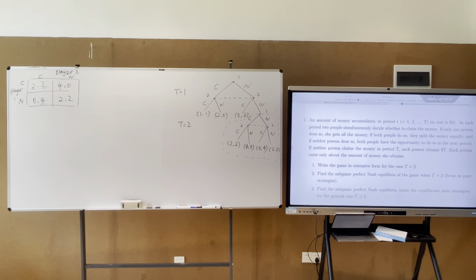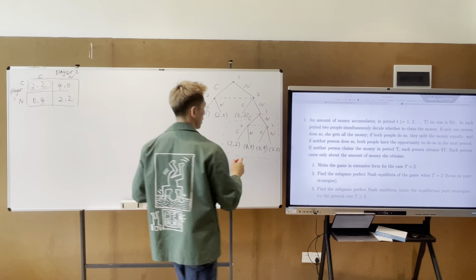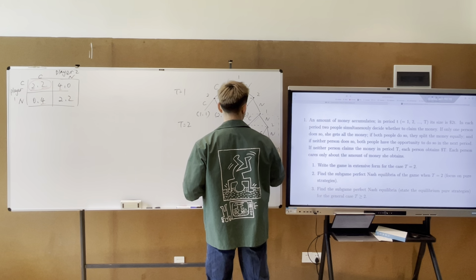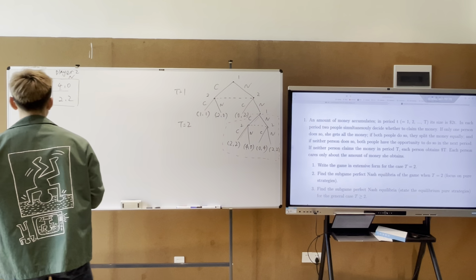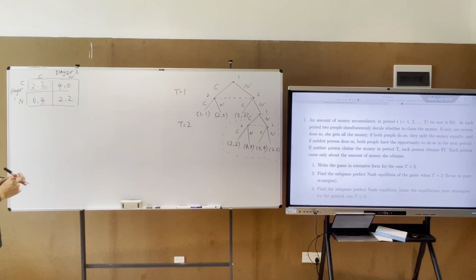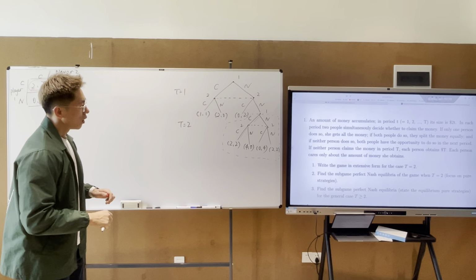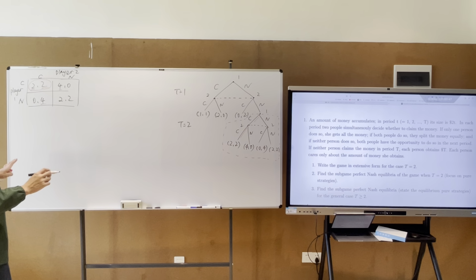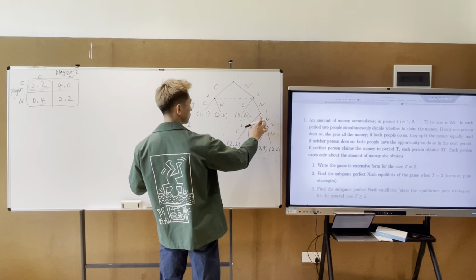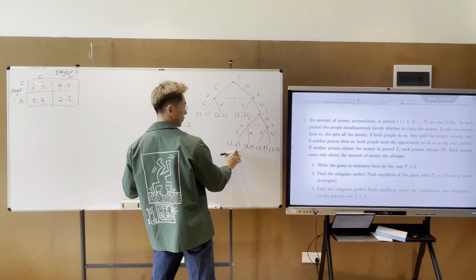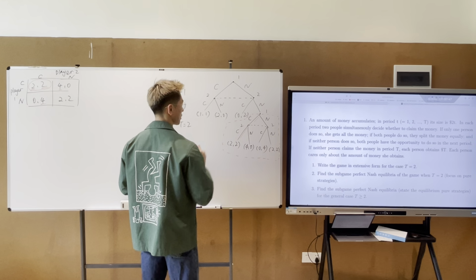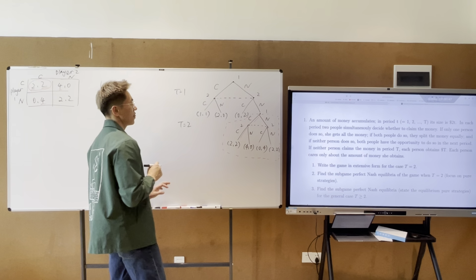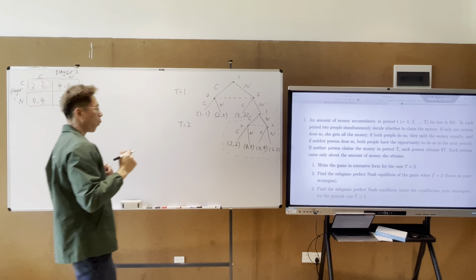So the only Nash equilibrium is this one, claim and claim. So it means that in period 2, the only Nash equilibrium is this path, 2, 2. And now we come to period 1.